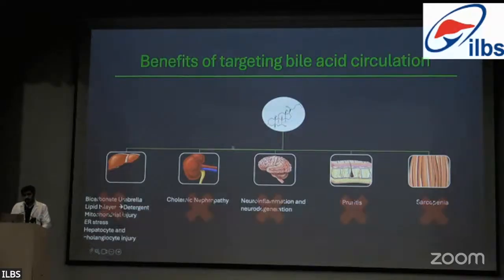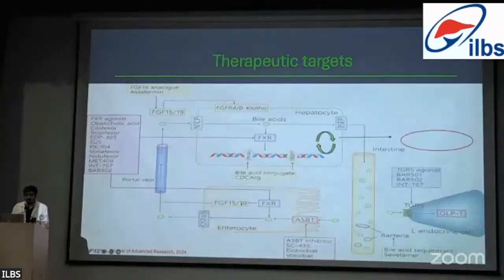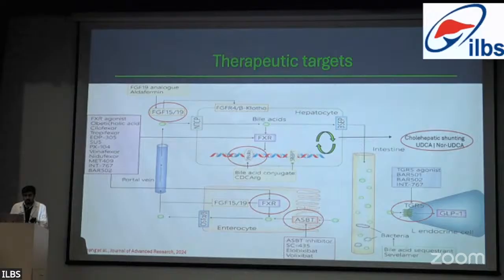So blocking these targets would help in improving patient outcomes. So what are the therapeutic strategies, targets, and challenges? There are multiple targets like we've discussed. Most commonly, these include cholehepatic shunting, which is UDCA and norUDCA.